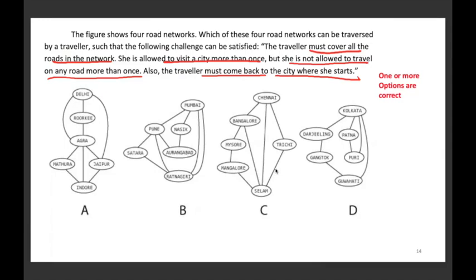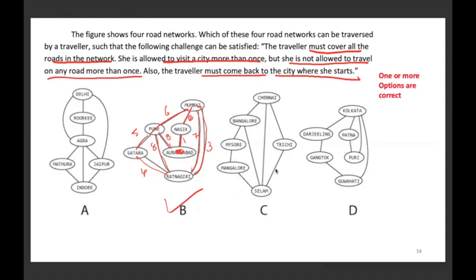One is this route: 1, 2, 3, 4, 5, 6, then 7 will come, 8 and then 9. Then we reach back to Aurangabad where we started. So B is correct.